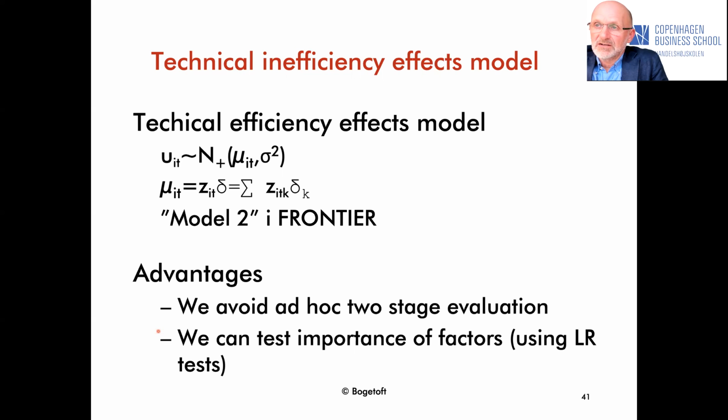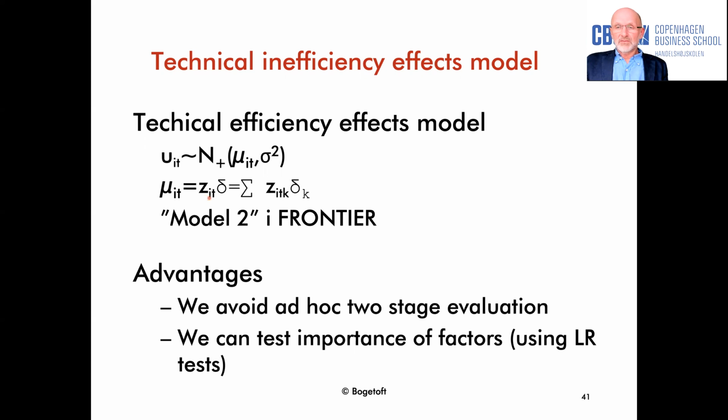That's a truncated normal distribution. And the cool thing is that the mean of that underlying normal distribution could be a linear function of some other variables, some z variables, which could be explanatory variables. So, for example, you might ask what's the level of experience of the CEO? Can that help explain the efficiency?